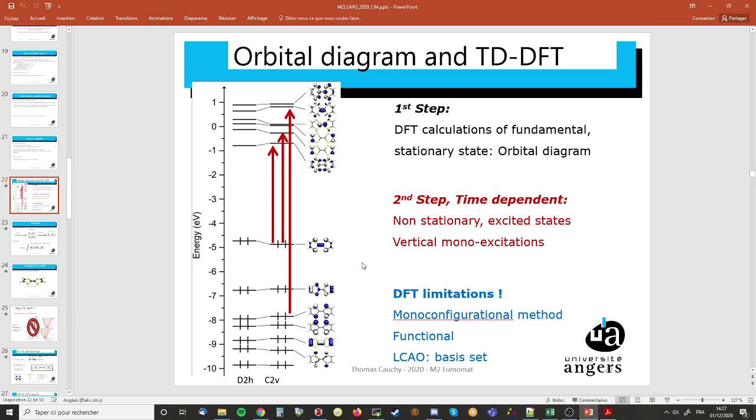But for example, TD-DFT is not the method of choice to assess the potential of redox states, for example for cyclic voltammetry.